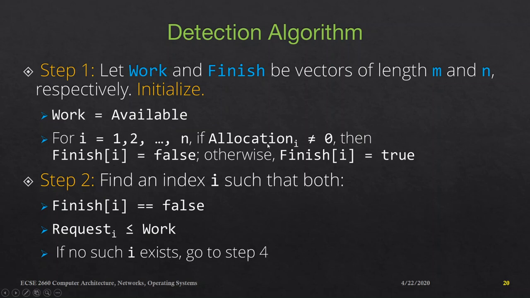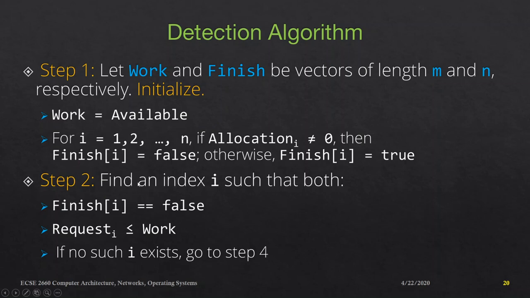Otherwise, if the allocation for that process I is 0, that means that no resources are allocated to it, and we can say finish of that index I is true. In most cases we will just set all of them false, after a quick glance at allocation. If the allocation values for each process are non-zero, then we directly set them to false, which is often the case. So that's the initializing step.